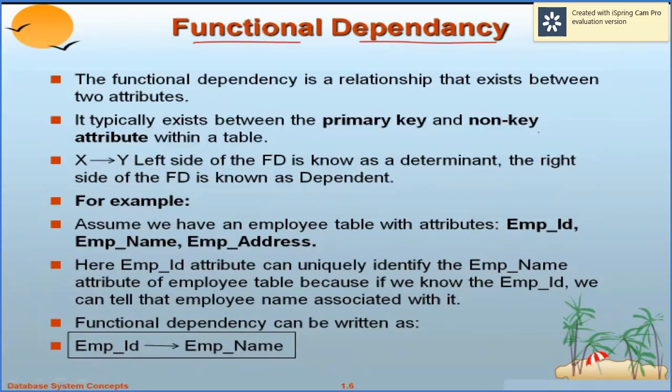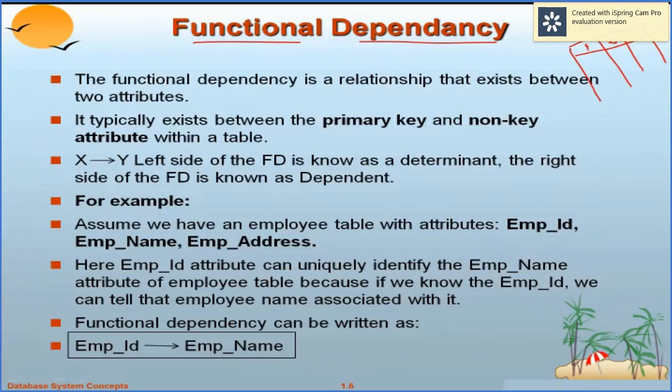For example, assume there's one table called a, and this table has its attributes 1, 2 and 3. Each of these attributes is dependent on the others.